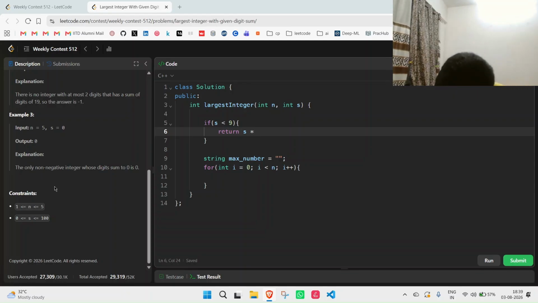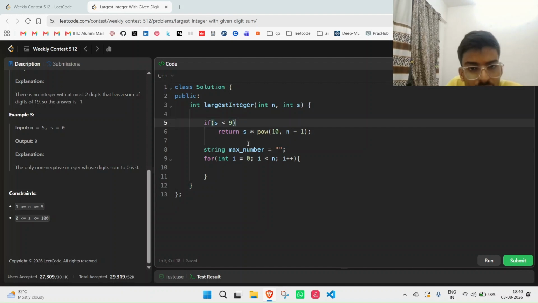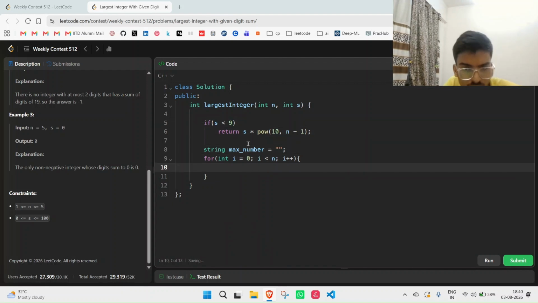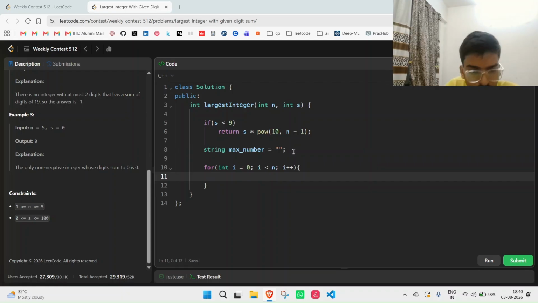It means this is 5 and these are zeros, 5 times 10 to the power of n minus 1. That is the integer. Otherwise, we will go to the string max number and then find the answer.